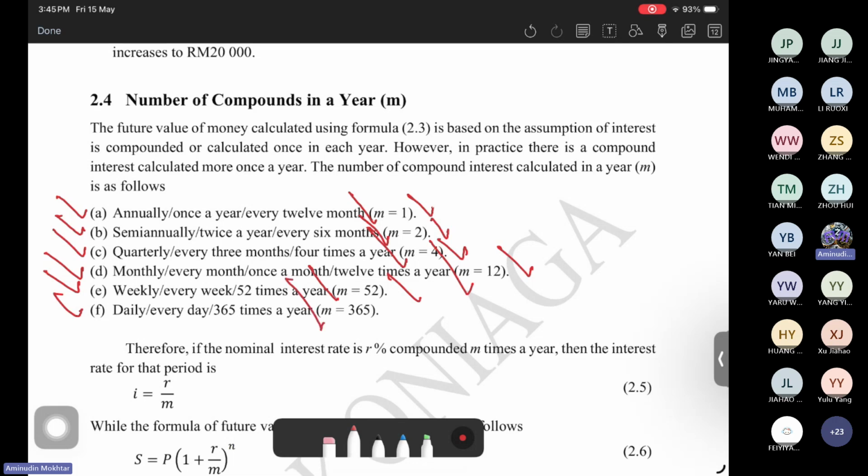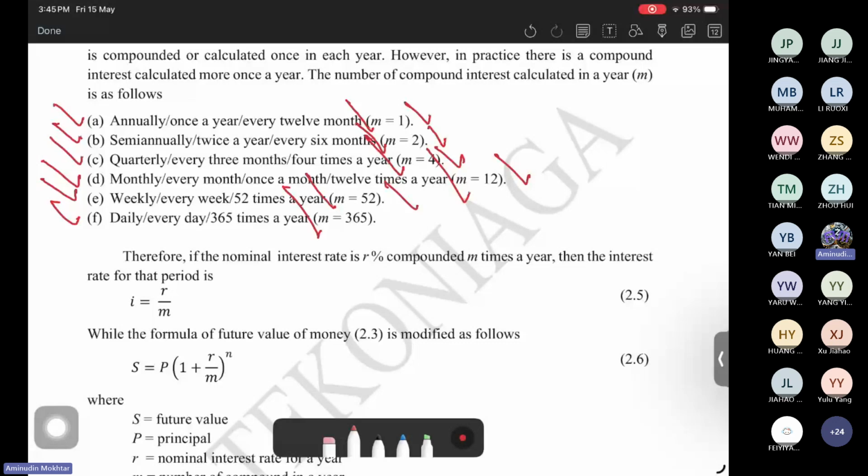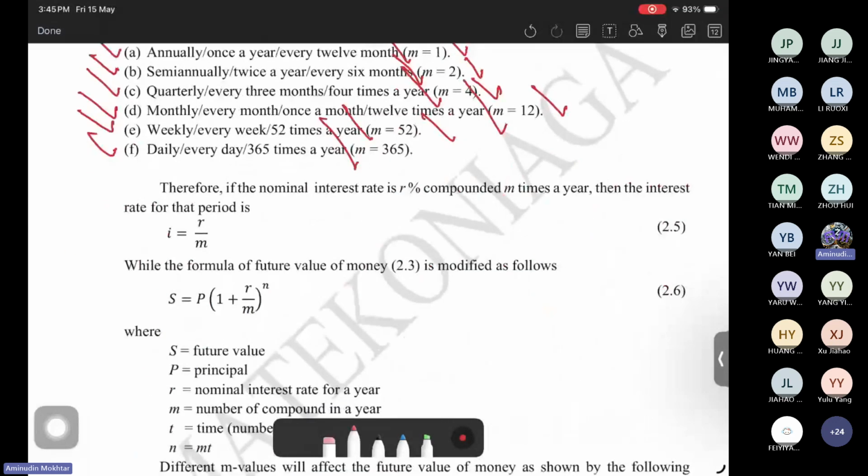That's the number of compounds. So the previous formula, S equal to P times 1 plus R to the power of N, can be modified into formula 2.6.